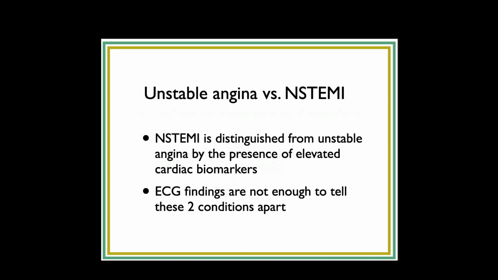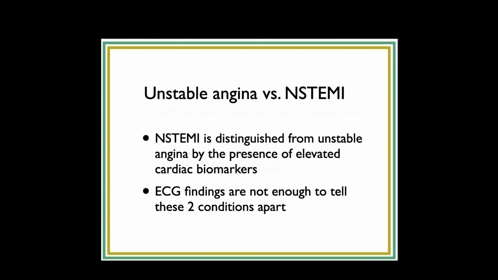But he still has these symptoms, okay? So in that case, the chances are good, if this is caused by cardiac reasons, that it's going to be unstable angina or NSTEMI. NSTEMI is distinguished from unstable angina by the presence of elevated cardiac biomarkers.